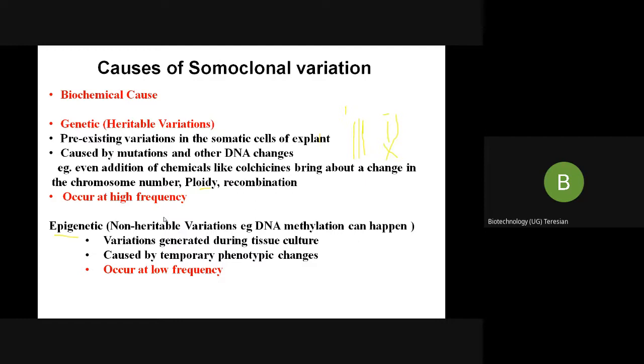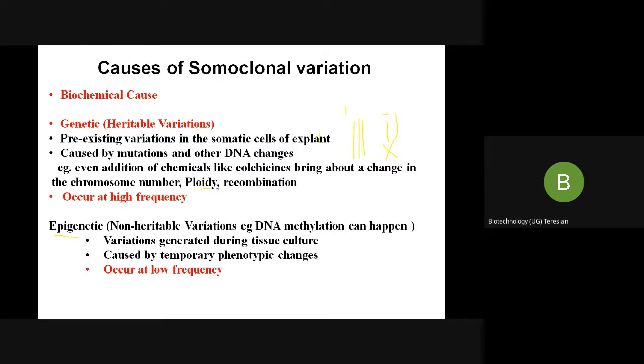Even the addition of chemicals. Certain chemicals we add, like colchicine, bring about change in the chromosome number and ploidy level. When we add colchicine, it can interfere with the DNA and bring about mutation. When it brings about mutation, it results in heritable variation, that is, the new plant will also have the same genetic variation.